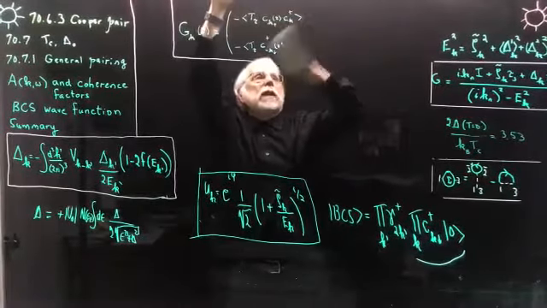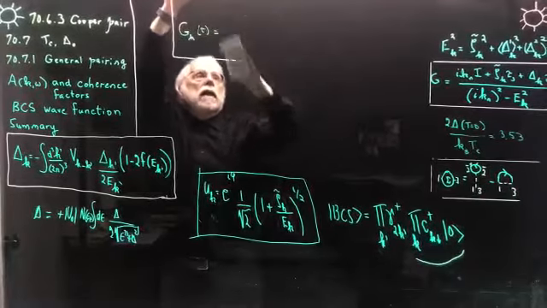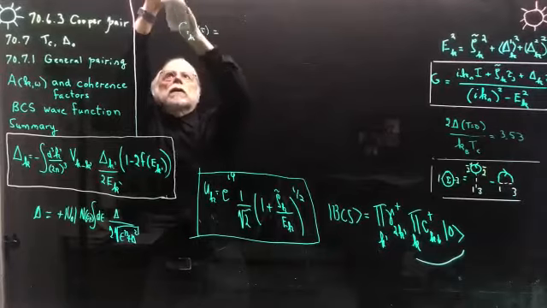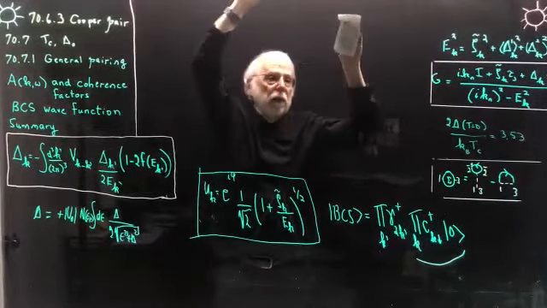Okay, so we started by asking what do we measure? What we measure in scattering experiments is a correlation function, for example, the spin-spin correlation function.